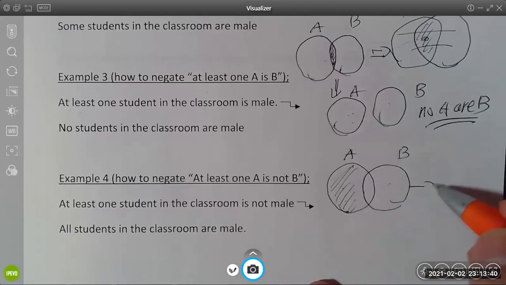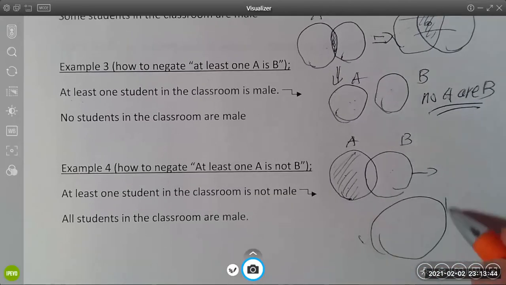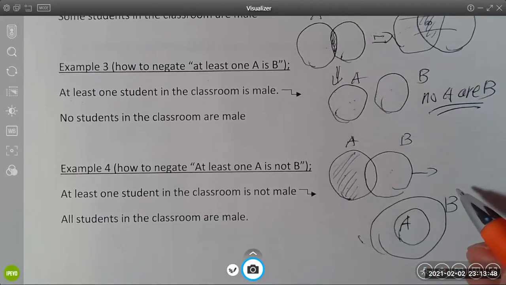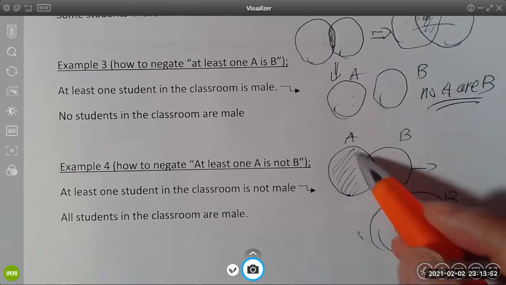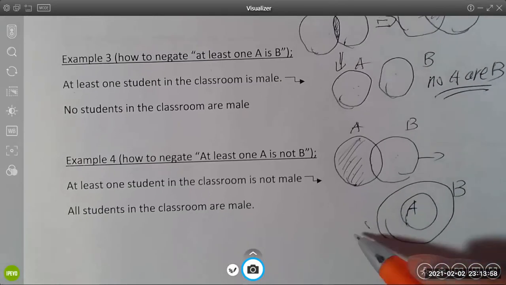The only way to do that is you move this A entirely inside B. This way you cannot claim some A are not B, because all A are B now. This part is gone. So that means all A are B. That's the negation.